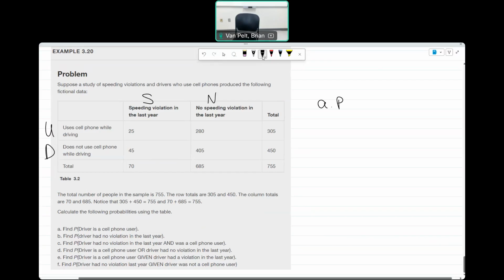The first part says, find the probability the driver is a cell phone user. So uses, that means U. It's the probability of U. What is the probability of U? Out of how many? Right, out of 755.